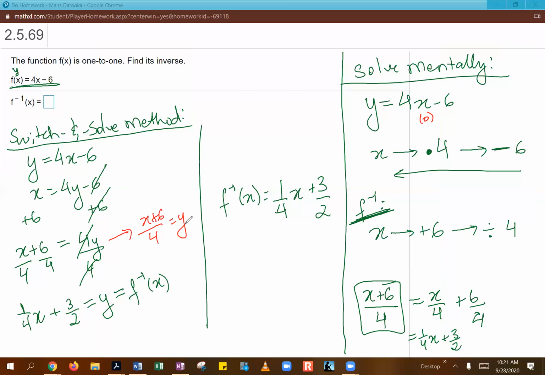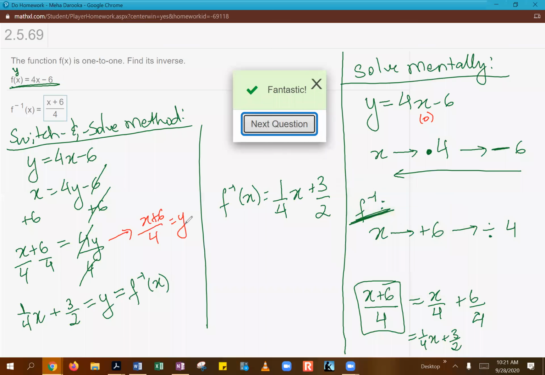I'm actually not sure which, do they have a preference or are they okay with both? Let's try the first one. So we've got x plus 6, and we are dividing that by 4, and let's check what this says.